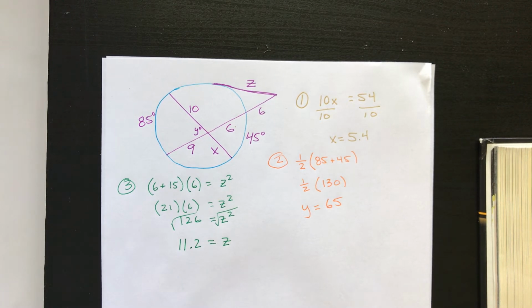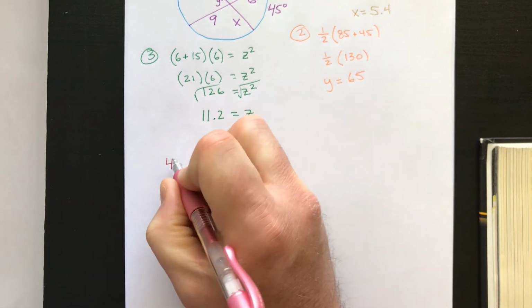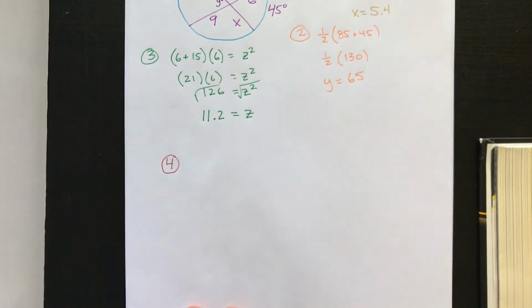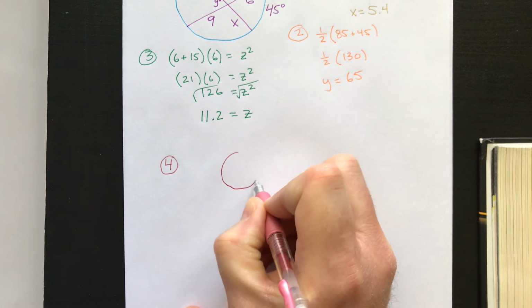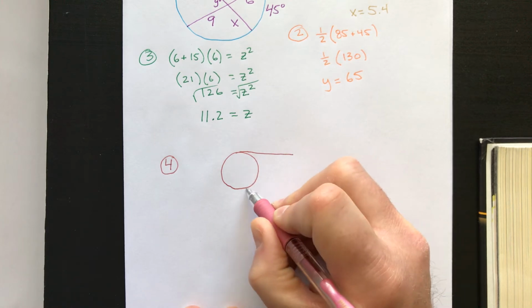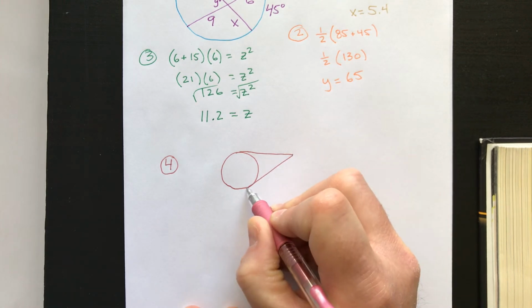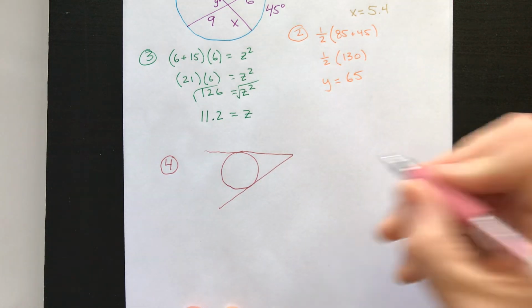Number 4, they don't give us a diagram, so we just have to figure this out on our own. All right. I would draw a diagram. So for number 4, it says the measure of an angle formed by two tangents to a circle, it's going to look like that, and they say is 80 degrees.